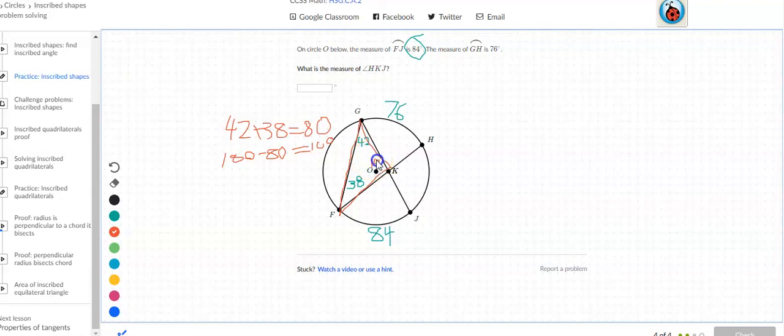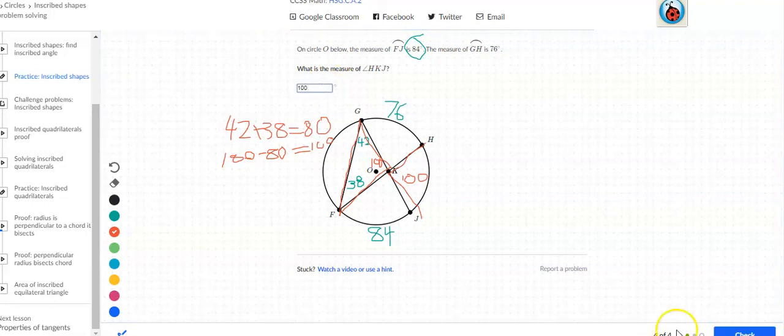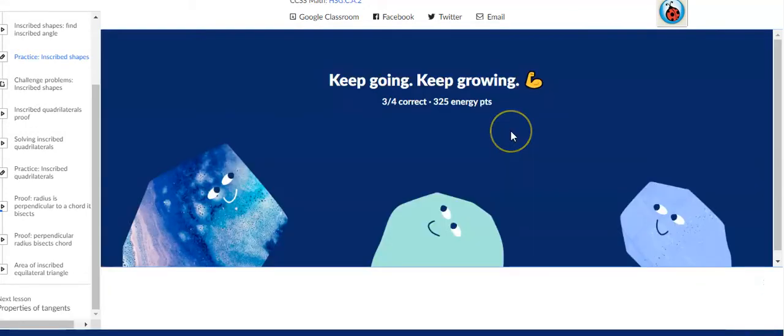So if this is 100, then the vertical angle, HKJ, is also 100. And that is the end of that section.